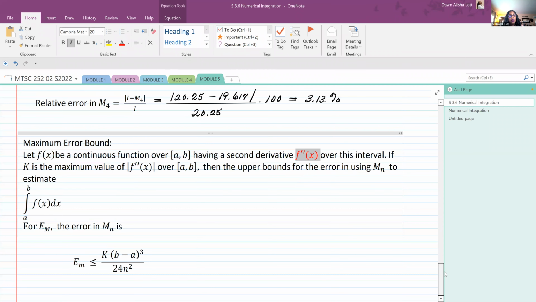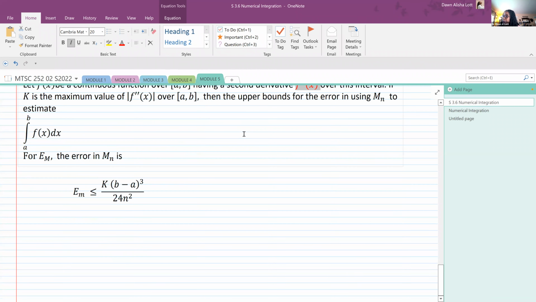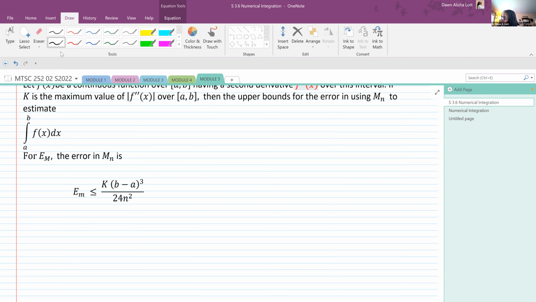All right, so let's see. Let's start off with finding the biggest f double prime can be. So we're on the interval 0, 3. So we have f of x is x cubed. F prime of x is 3x squared.